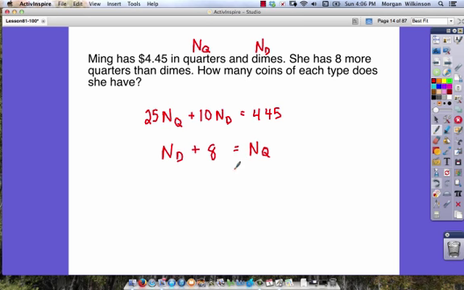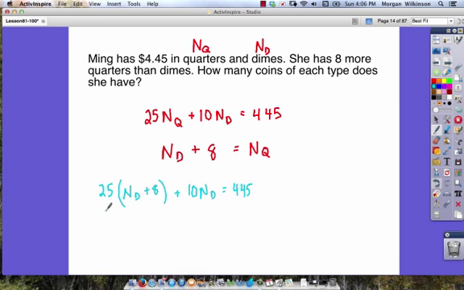Now in this problem, it doesn't set up very well for elimination. It actually sets up really well for substitution. So let's solve with substitution, because we know the number of quarters is right here, the number of dimes plus 8. So we're going to get 25 times the number of dimes plus 8, plus 10 times the number of dimes is going to equal 445.